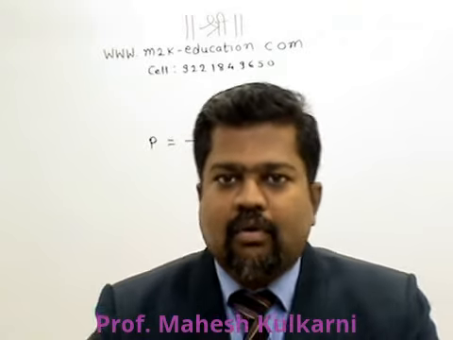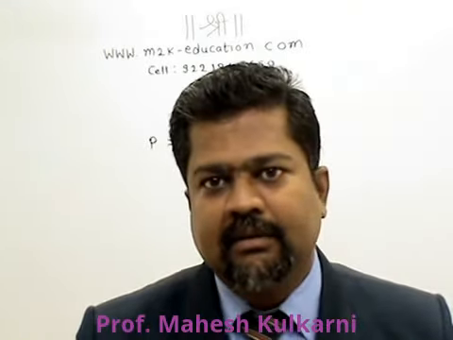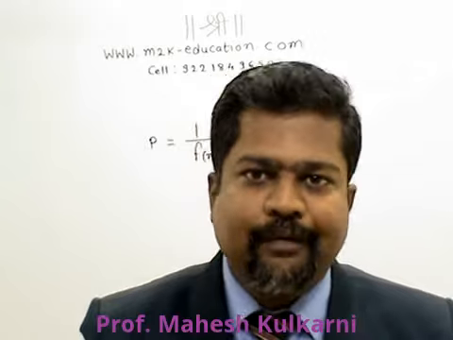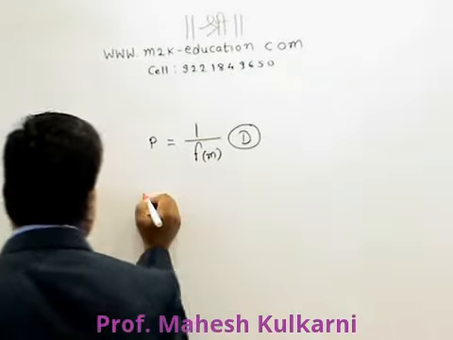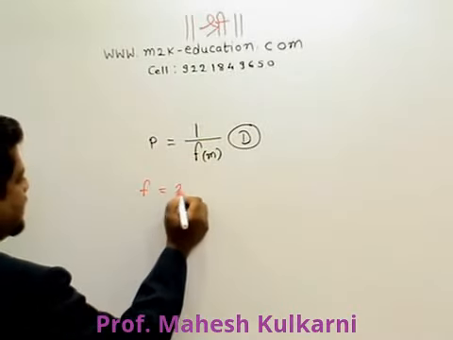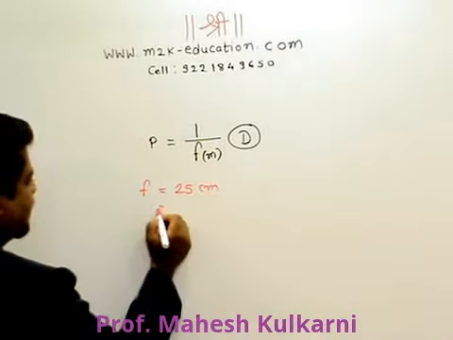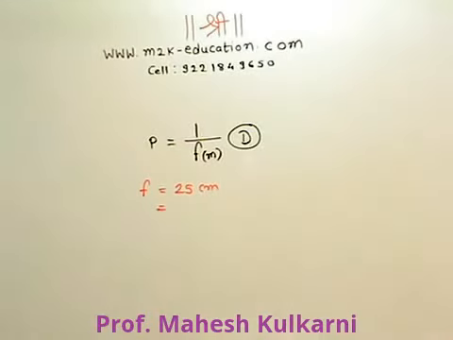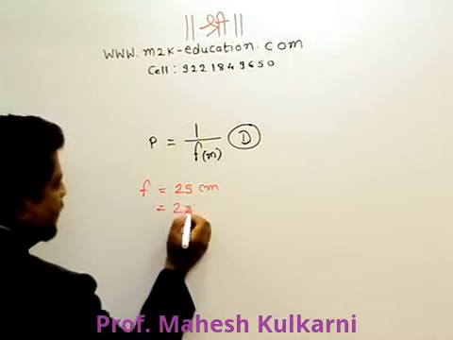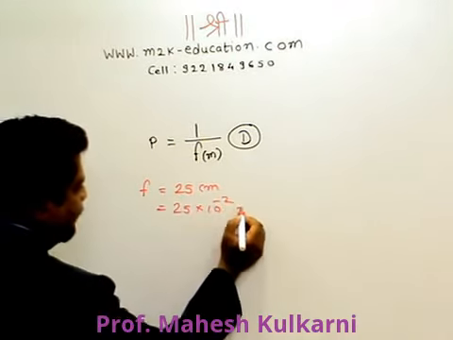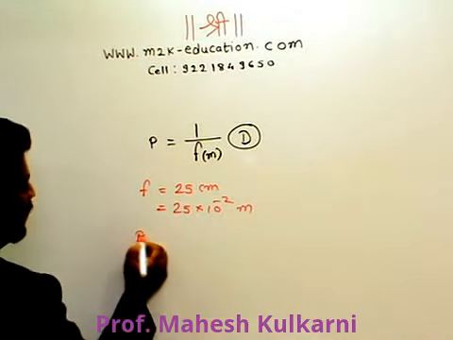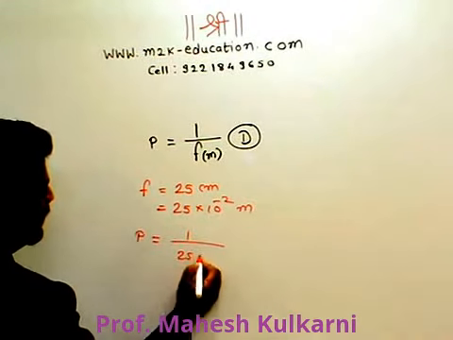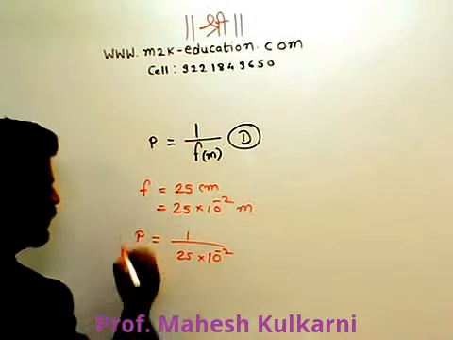In order to understand this concept, you may solve one sum. Find out, if the focal length is 25 centimeter, what is the power of the lens? So we have data that focal length is 25 centimeter. You are aware that I should convert centimeters into meters. So 25 into 10 to the minus 2 meter. Now the focal length is in meters, so power is equal to 1 by 25 into 10 raised to minus 2.